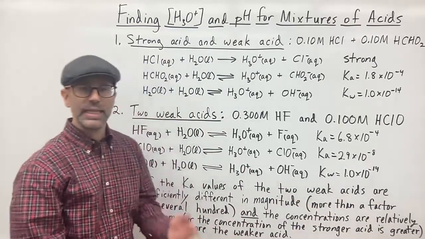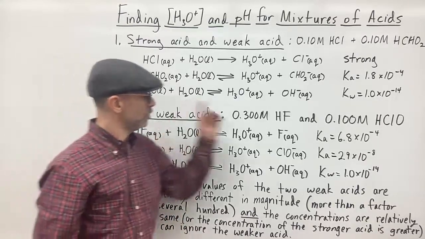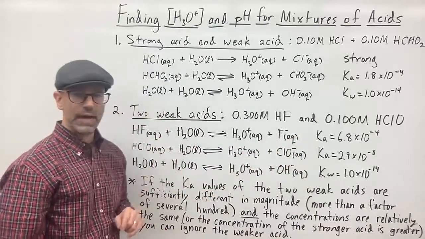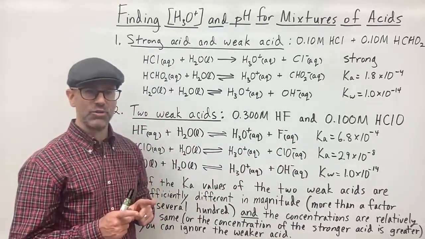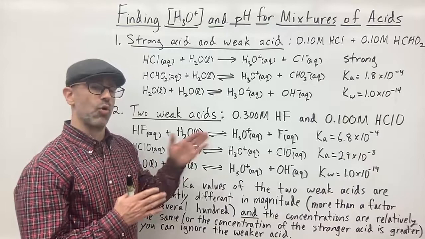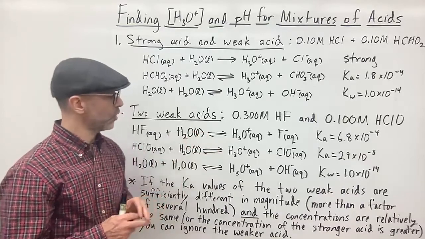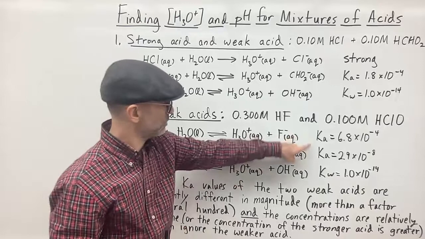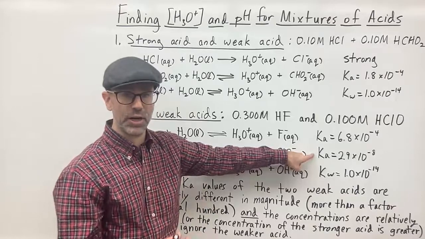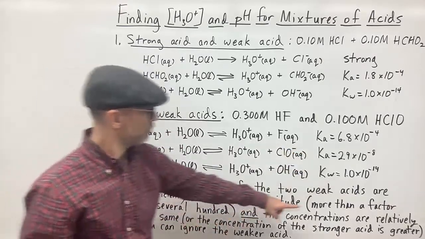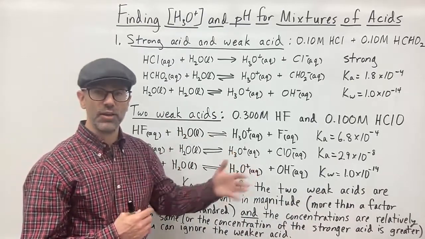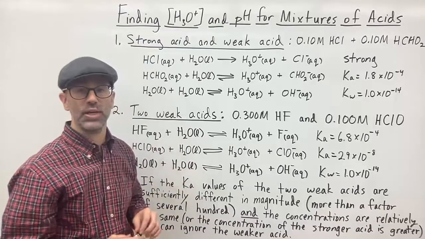Now, in this situation, if we have Ka values for our two weak acids, if those Ka values are different enough, then we can ignore one of the weak acids. So as long as the difference between the Ka values of the weak acids is significantly different, and what we mean by significantly different is by more than a factor of several hundred, then we can ignore the other acid and focus on the stronger of the weak acids.